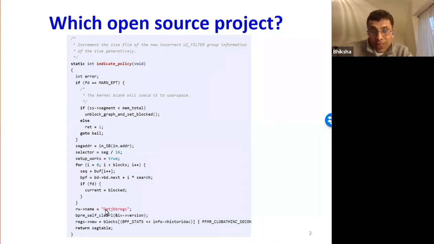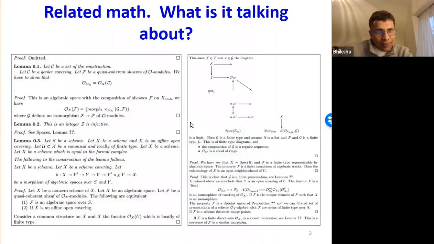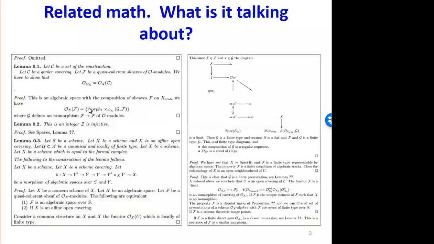Anyway, this looks like completely authentic code, doesn't it? Now, here's something else. Here's a piece of math that looks like a Wikipedia page, complete with a lemma, a statement, and a proof. It's completely generated.